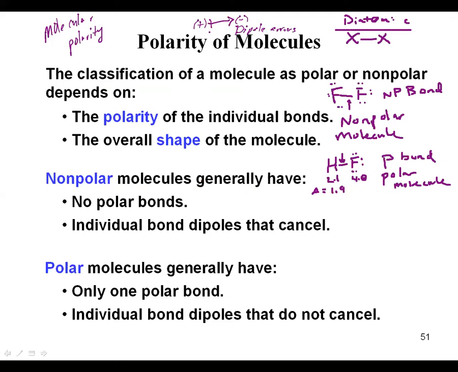Now, when we get to things that have 3 or more atoms and are not diatomic, it is a little bit more complicated. You do have to look at 2 things. You have to look at, are there polar bonds? And you also have to look at the molecular geometry.